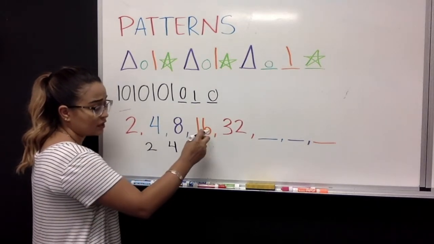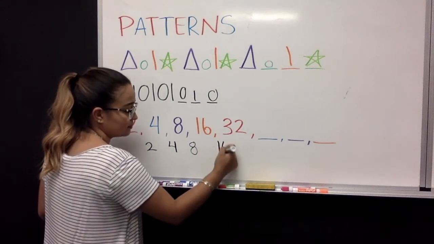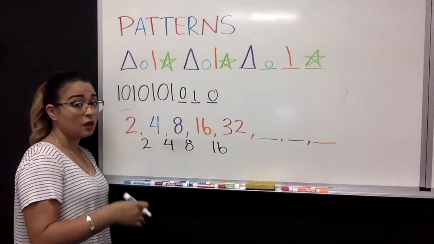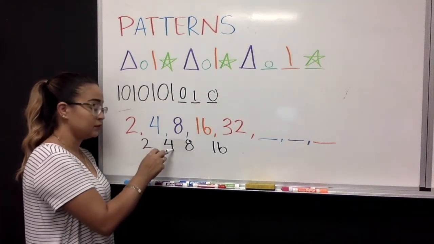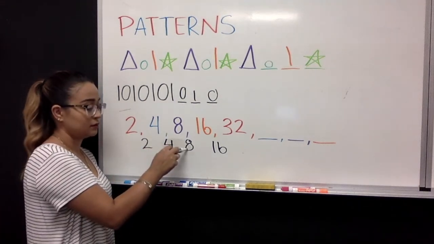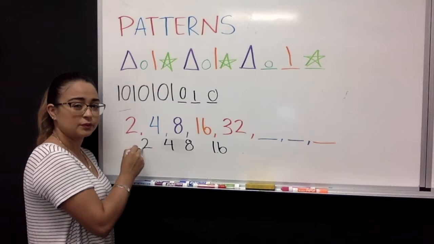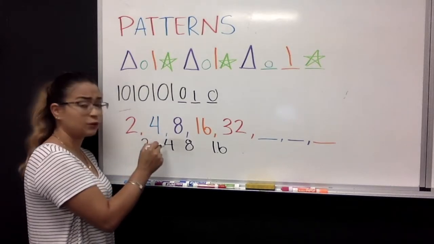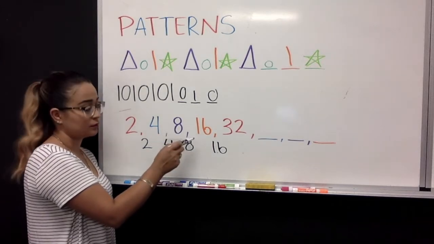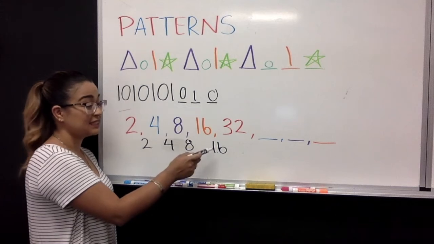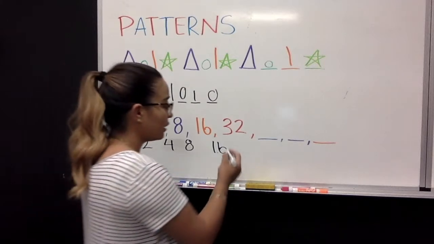And how many numbers are there between 16 and 32? 16. What do we see? We see that this number doubles, then this number doubles, then this number doubles. What's 2 times 2? 4. What's 4 times 2? 8. What's 8 times 2? 16. What's 16 times 2? 32.